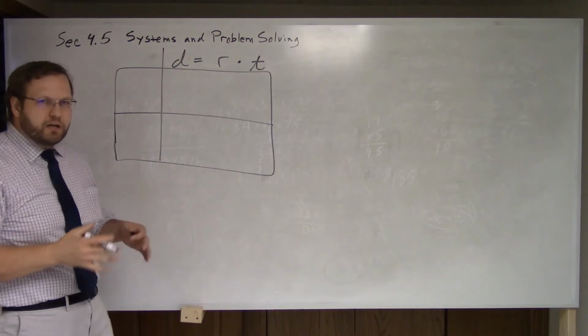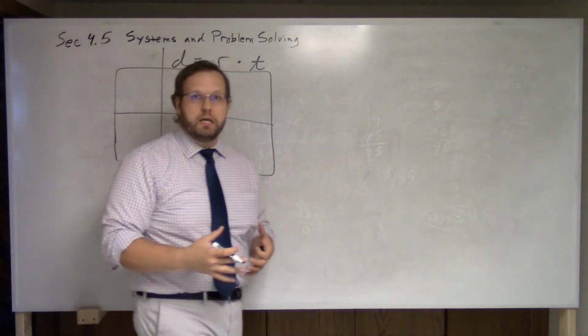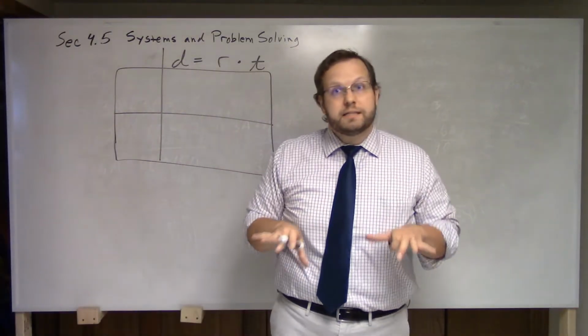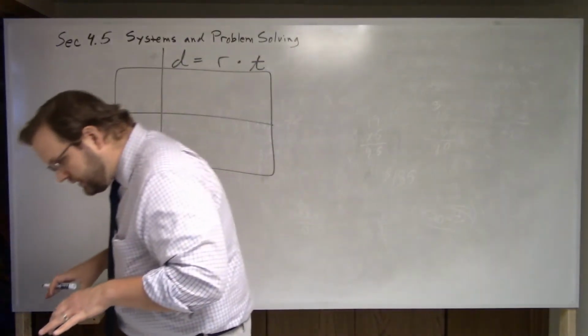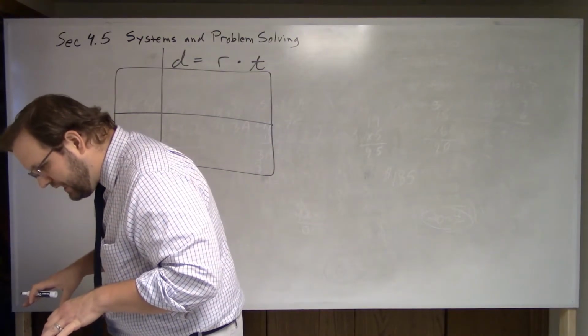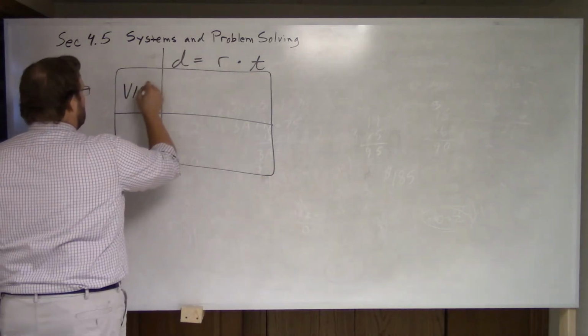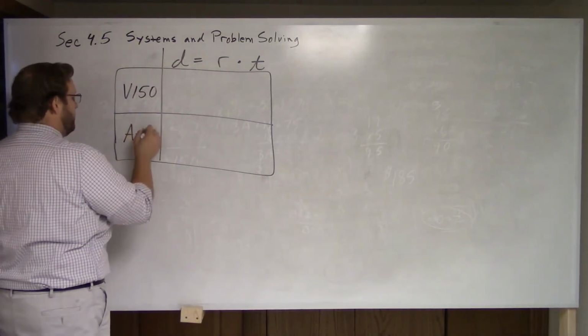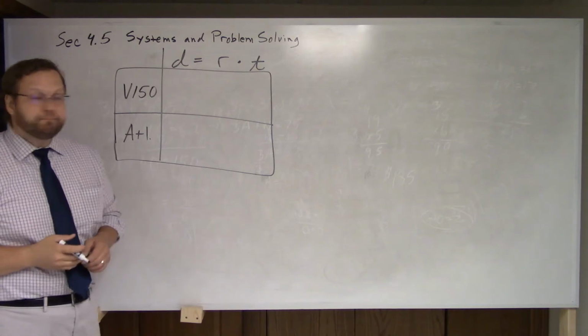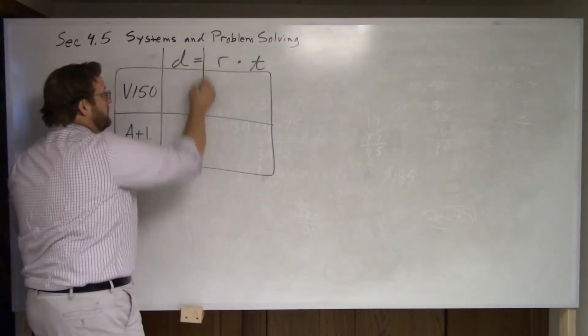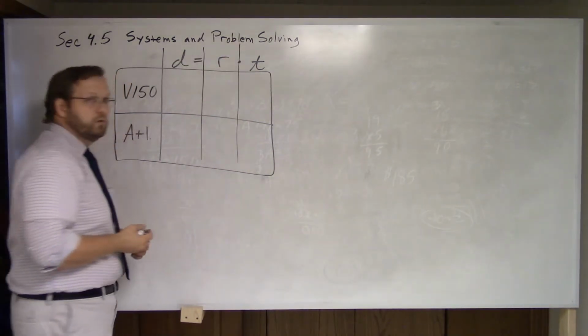Now when I say scenarios, they're like characters in the story. And in this case we have 2 very separate trains. And those trains were the V150 and that Atlantique. So I have the V150 and the Atlantique.